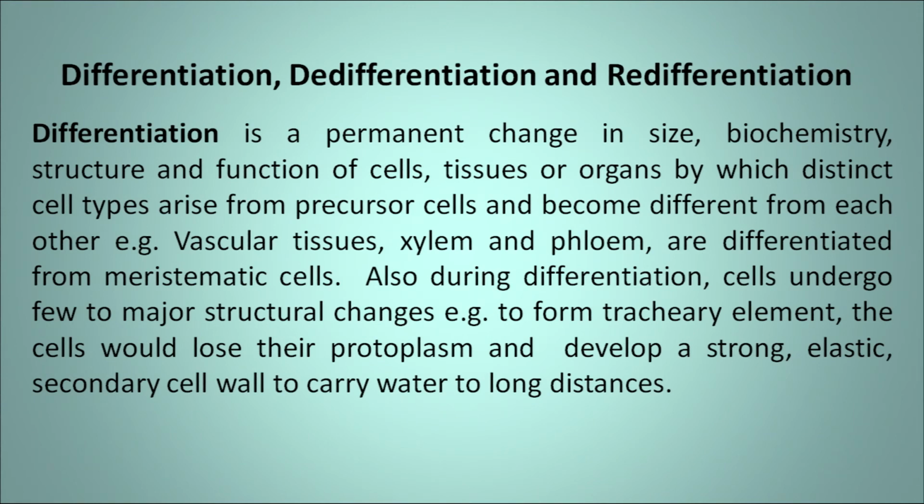Differentiation is a change in the size and biochemistry of the cell to perform a particular function. Cells, tissues and organs, when they differentiate, are assigned certain different functions by the plant body, and soon after the cells are formed, they differentiate and perform their own functions.